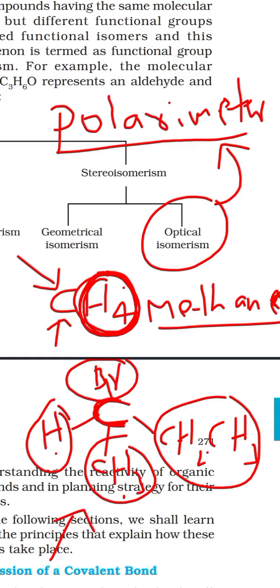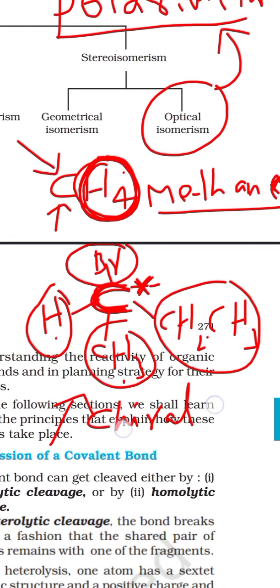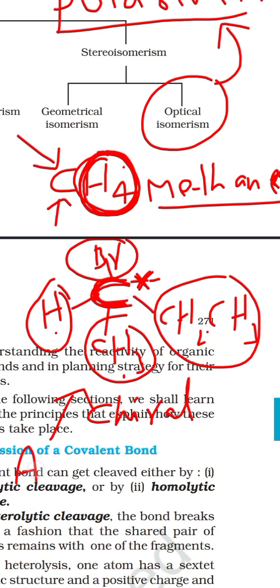The carbon which has four different groups is called a chiral carbon, and it is denoted with a star mark on the carbon. So this carbon is called a chiral carbon, and this molecule is called an asymmetric molecule.